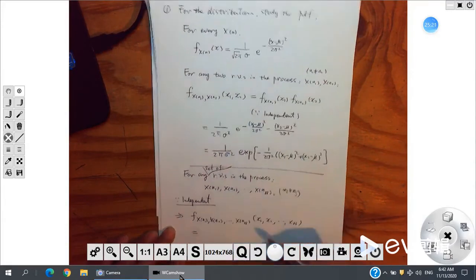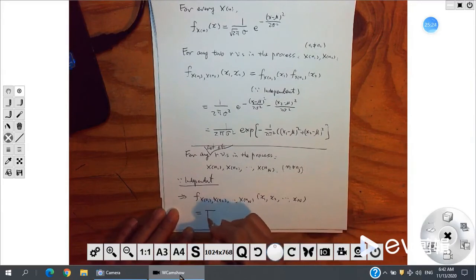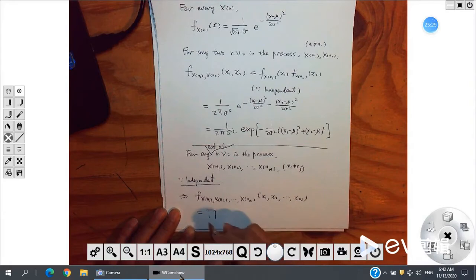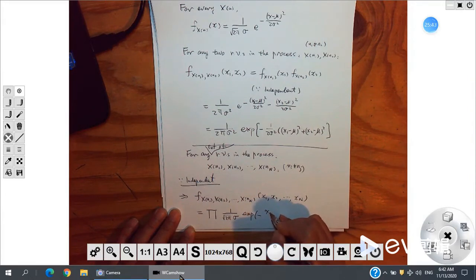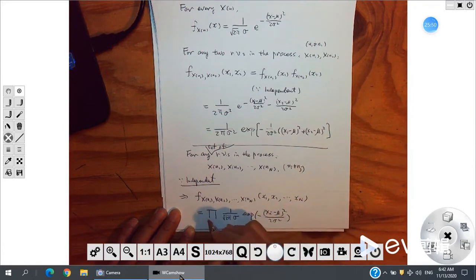So we use the notation capital Pi, which means multiplication of many terms, and each term is similar: 1 over square root of 2 pi sigma squared times exponential power of negative i minus mu squared over 2 sigma squared, with i running from 1 to N.